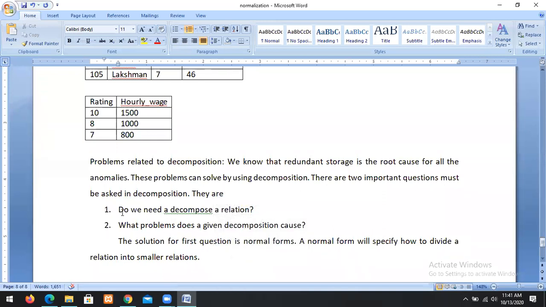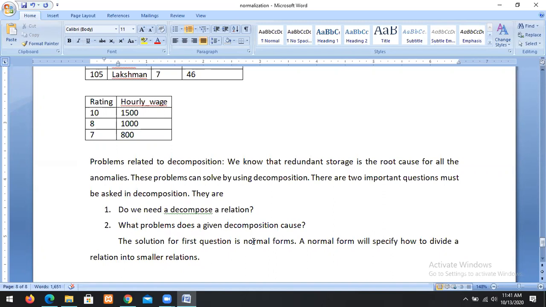So the solution for this first question is normal forms. Normal form is the process of decomposing a relation into smaller relations. Normal form is the first answer to when we need to decompose a relation. Through normal forms we can decompose a relation.